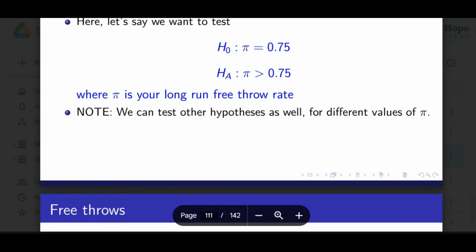Let's say my historical rate or my friend's rate or the NBA rate is 75%. I want to know whether in the long run I'm doing better now. You can't just do 100 and say, oh, look, it's 78. I'm doing better. Yeah, that's based on 100. What if I get another? What if I ask you to do another 100? And that's the purpose of simulation. You get the computer to say, okay, let's see what happens whenever you say your free throw rate is 75%.